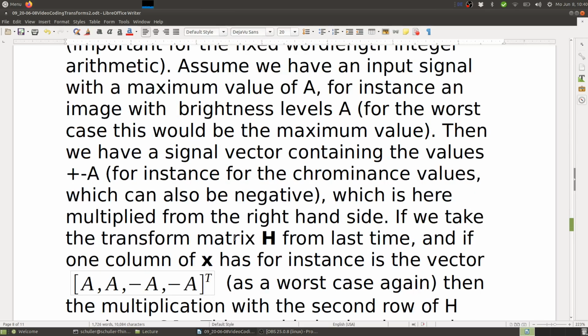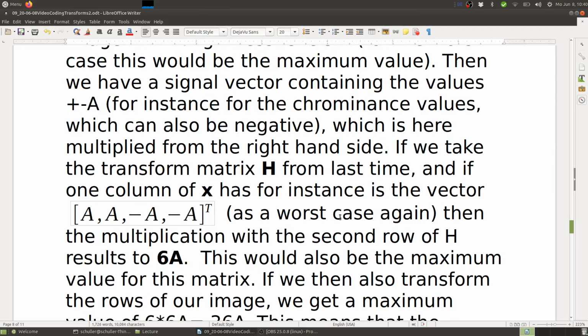Right. If we take the transform matrix H from last time, and if one column X, for instance, is the vector A, minus A, minus A, so this is the worst case to get the largest output, then the multiplication with the second row of H results in 6A.